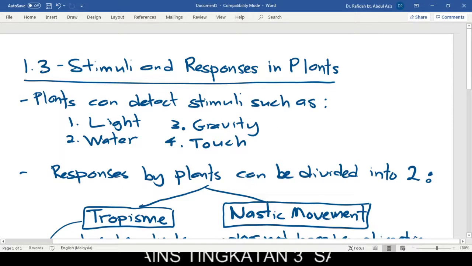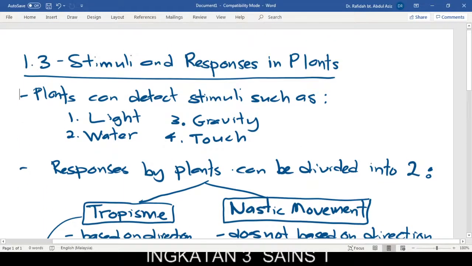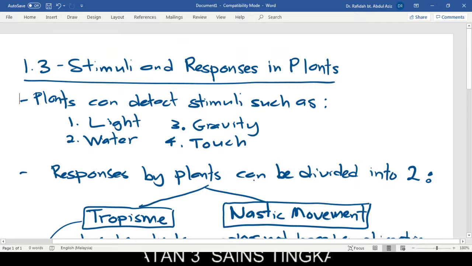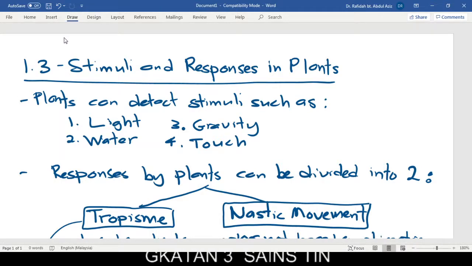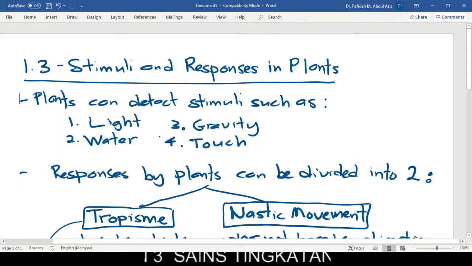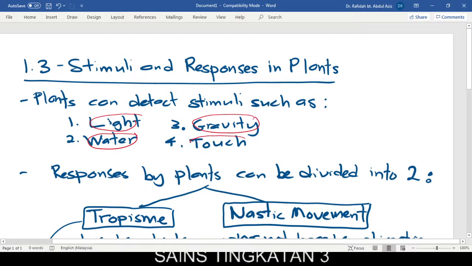So the most important thing is plants can detect stimuli. Among the stimuli that are always detected and very important in the growth of the plant are light, water, gravity, and touch.